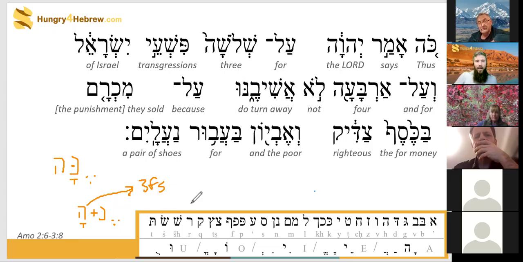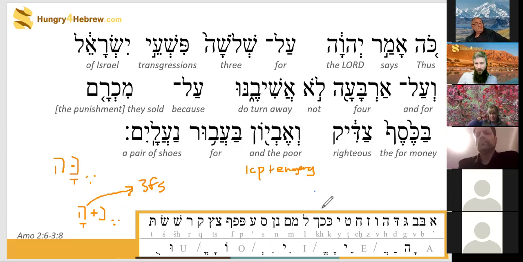All right. Now let me flip the question. What would an energic nun with a 1cp suffix look like? Take an energic nun and add a 1cp suffix. What would it look like? Same thing as earlier.